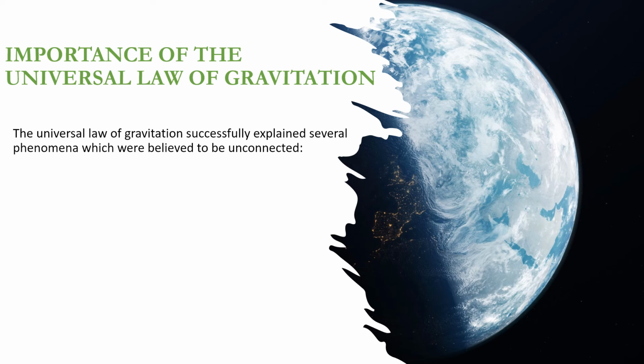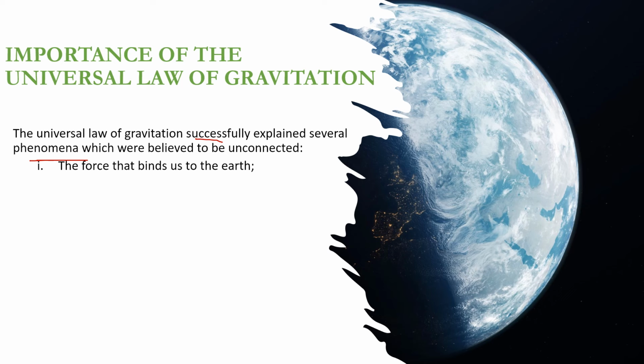People did not know why planets revolve, why objects move, why one object is attracted to another object, why planets move around the sun, why the moon moves around. So the universal law of gravitation successfully explained several phenomena. Let's see what those phenomena are.